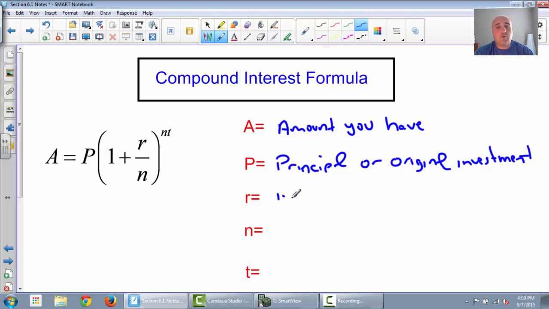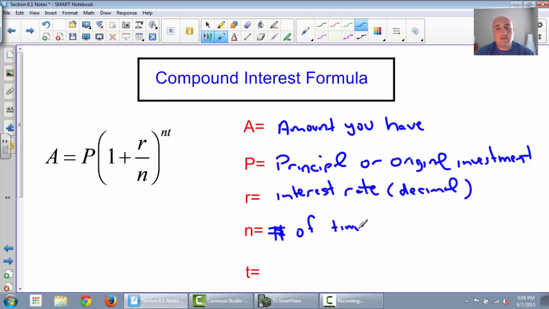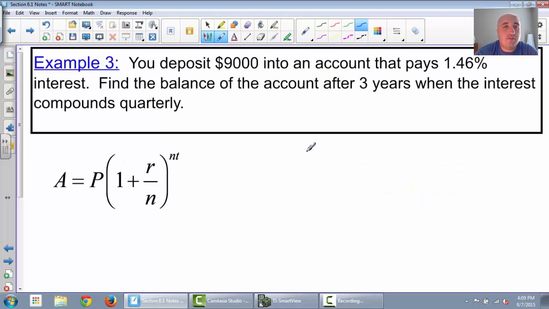Little r is the interest rate, and that must be in decimal. Little n is the number of times compounded, and we'll talk about that when we get to the example. And t, again, is time in years. Use this sheet as your jumping board for the final example of the section.